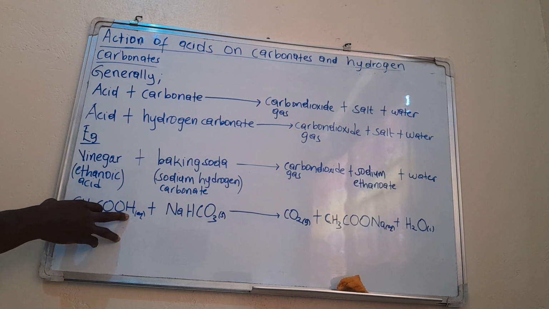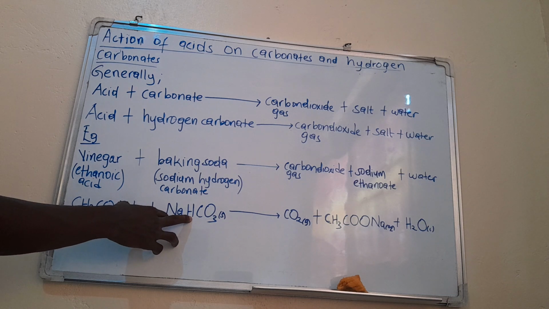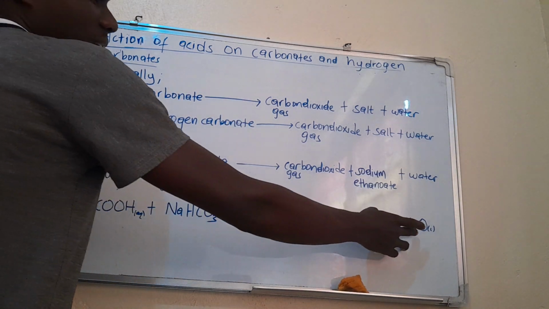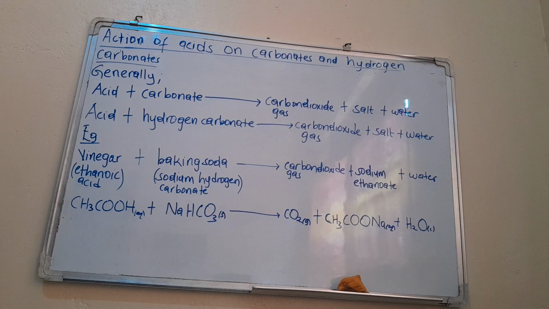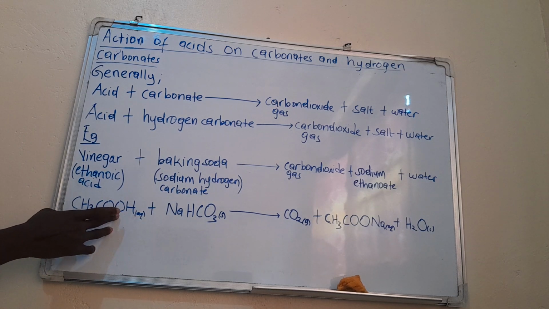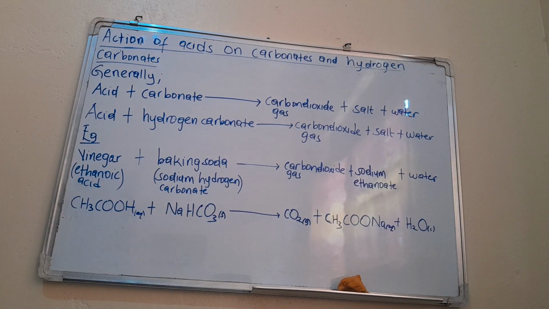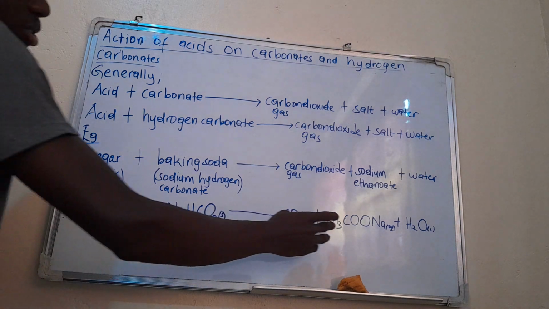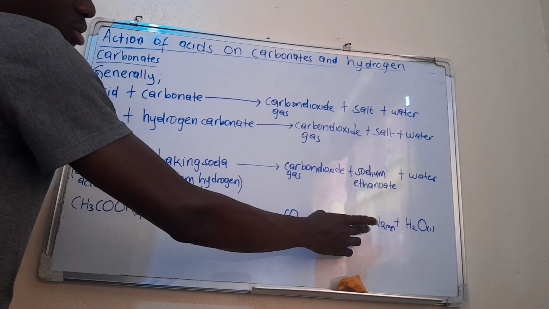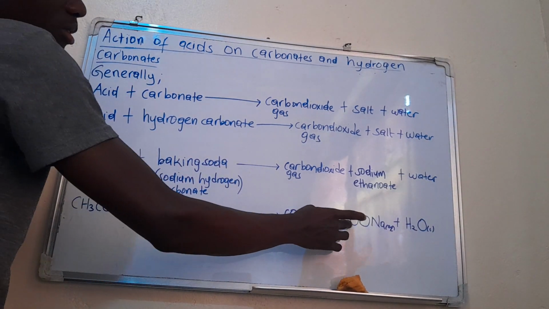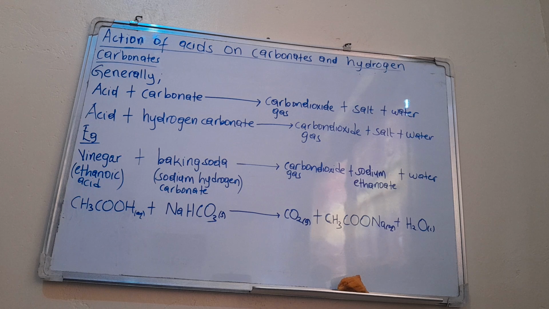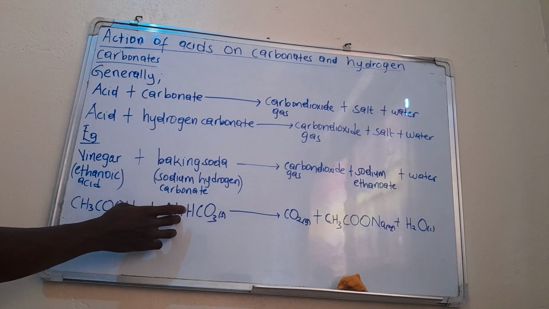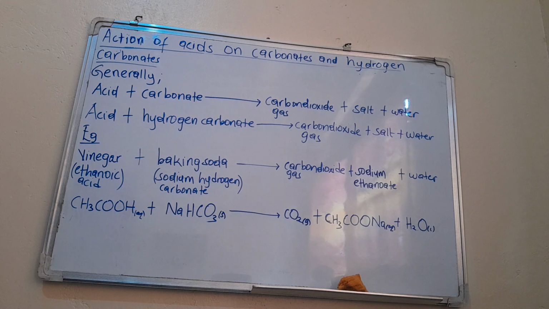They are 3, then plus 1, 4, plus also this 1, 5. Check the other side, 3 plus this 2. They are 5. Then you also look out for the oxygen atoms. These are 2, this 1, 2, then plus this 3. Those are 5 oxygen atoms. Then on this side we are having 2, plus this 2, then plus that 1. Those are also 5. Then look out for sodium atoms. This side I'm having 1, and the other side I'm having 1. So the equation is balancing.